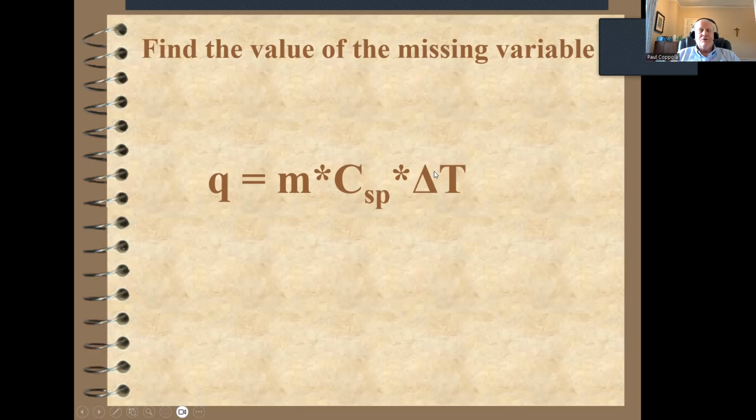Solve for delta T. Once you know the change in temperature, and you know the initial temperature, then you add it or subtract it to the initial temperature, depending on whether heat is being added or taken away. Usually it's the heat being added, so you would add it to the initial temperature.